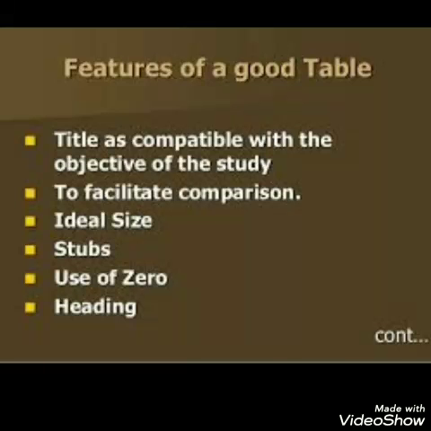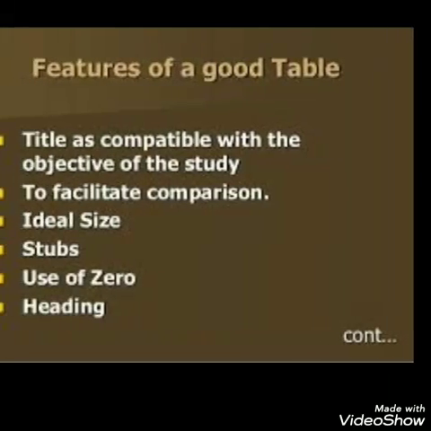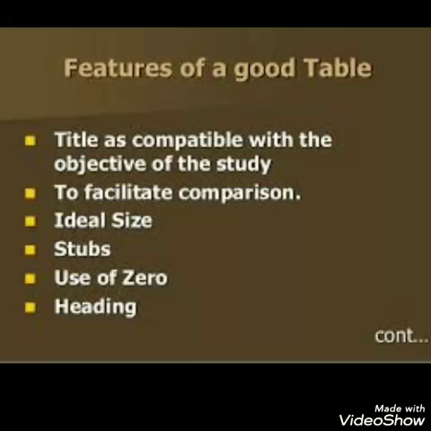A good table should have a table number, title, caption or column headings, stub or row headings, body of the table, units of measurement, source and notes. These are the parts of the table.